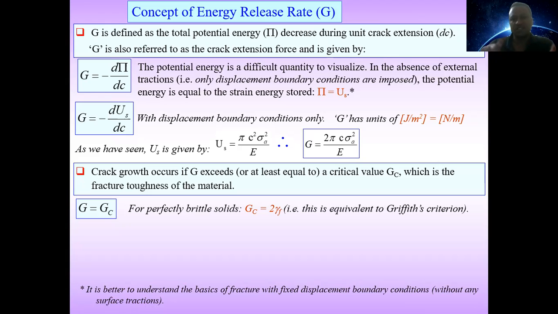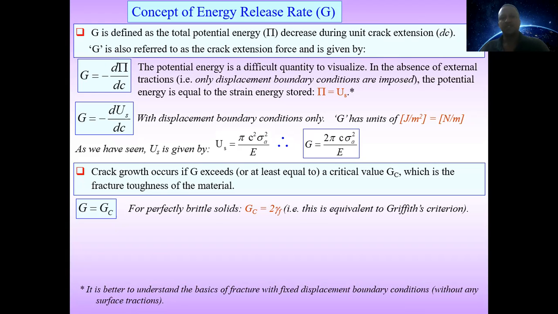So in our case, pi equals Us, and we can substitute Us instead of pi. So G equals minus dUs over dc. With the displacement boundary condition, G has units of joule per meter square or Newton per meter.